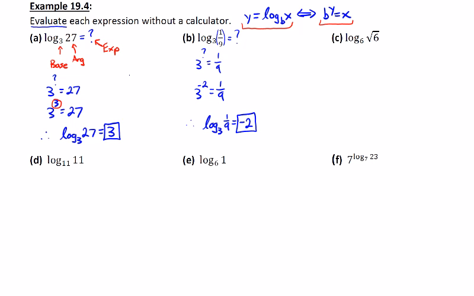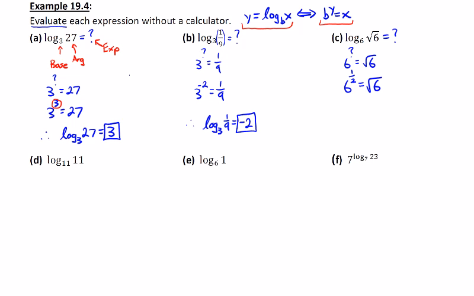Let's try the next one, part C. Log base 6 of the square root of 6. We'll say that it's equal to something. And then I will have 6 raised to the something needs to equal the square root of 6. And when we're dealing with radicals, we have to think about fractional exponents. So the equivalency here would be an exponent of 1/2.